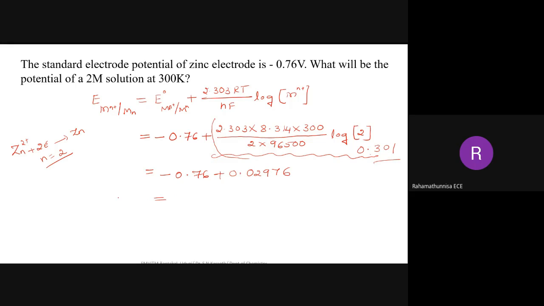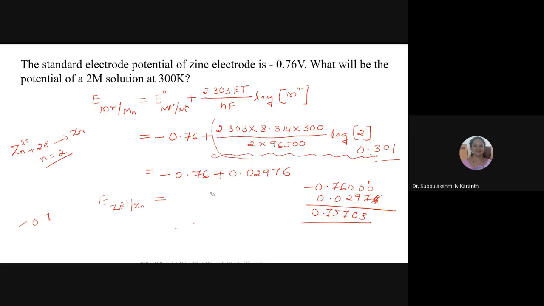Yes, ma'am. Now the final one: the potential developed when you use a 2 molar solution.